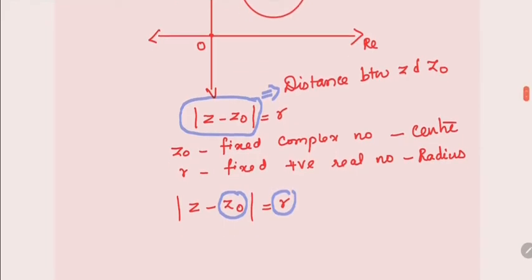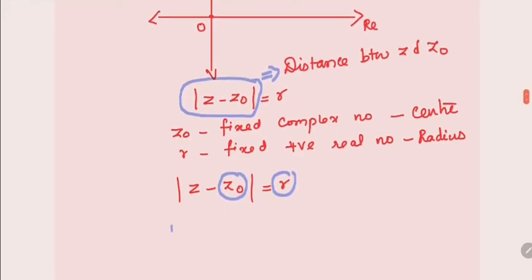Here, modulus of Z minus Z0 is less than R means the point is interior to the circle, representing the points interior of the circle.